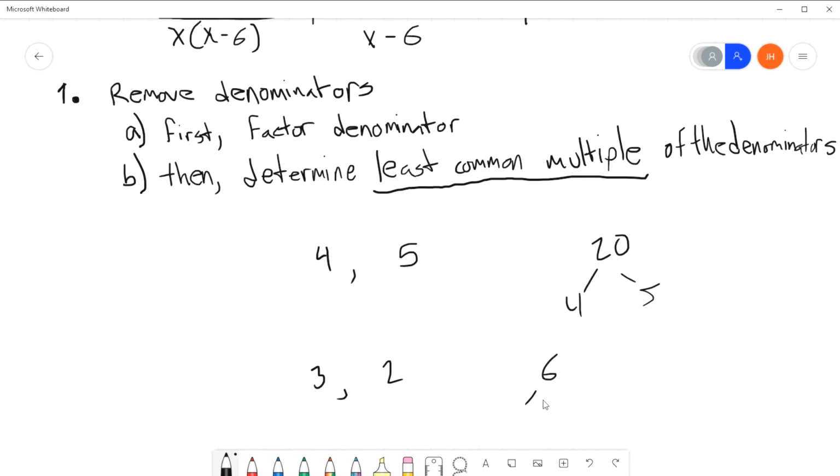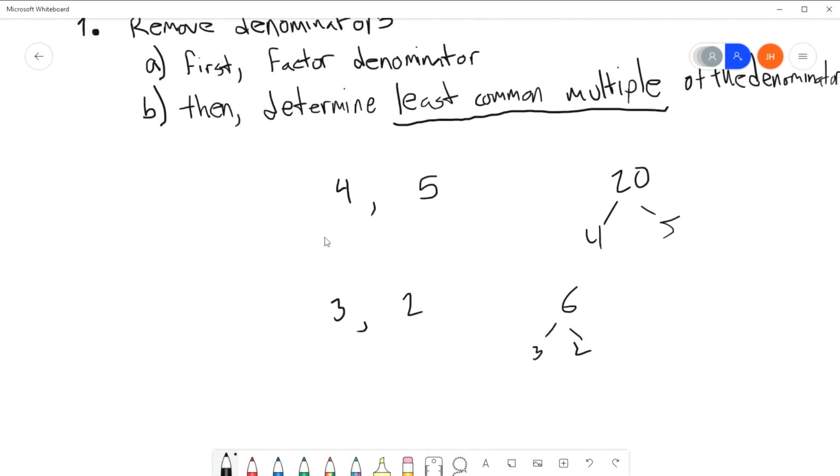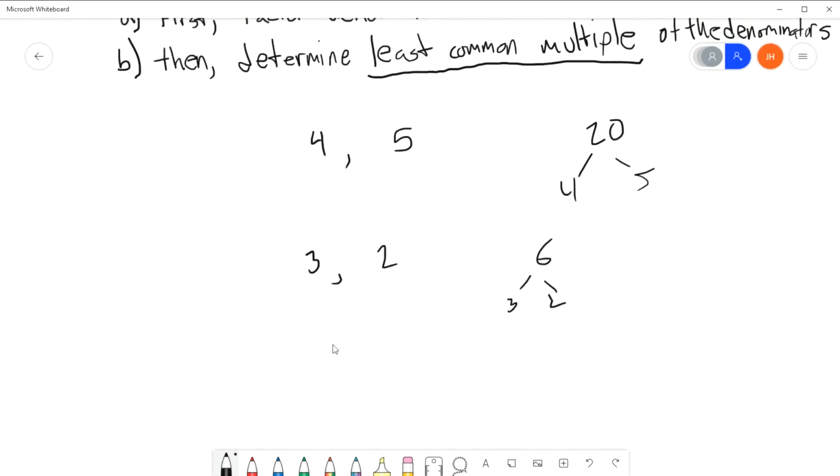It'd be 6, because 6 has factors 3 and 2. Okay, you may be saying, this is kind of lame, Mr. Hoba. But what's the least common multiple of 4 and 8? It's 8. Why? Because 8's factors are 1, 2, 4, and 8. Notice that 4 is one of the factors of 8, and 8 is one of the factors of 8.